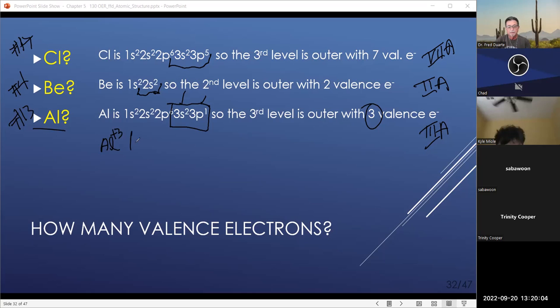And its electron configuration now is 2s2, 2p6. Its new valence shell, which is in the 2nd energy level, has 8 electrons, very similar to the noble gas behind aluminum, which is neon. You see the trend here? When it's a non-metal gaining electrons, they gain the same number of electrons as the noble gas in front of it.